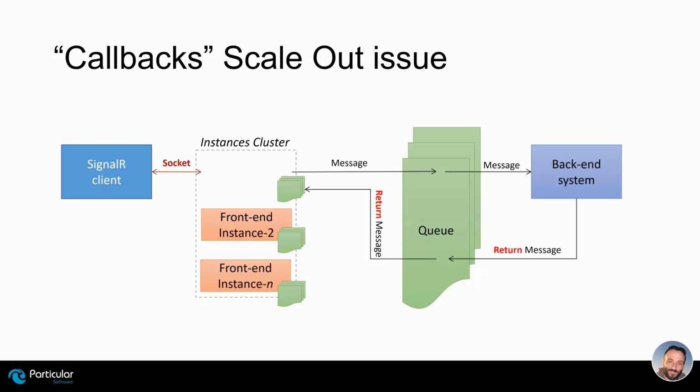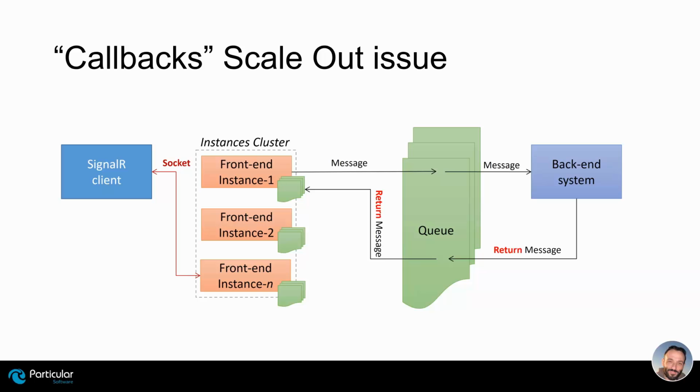Another issue we can face, and is an issue that can depend on the fact that an instance is just dead, is that the WebSocket connection is lost for whatever reason, and the SignalR client will reconnect back to a different instance. So basically what's happening is that we are still replying back to the callback queue of the front-end instance one, but the client is not there anymore.